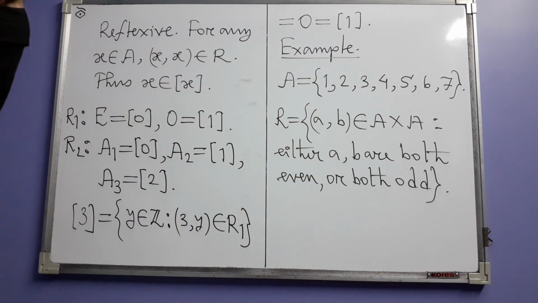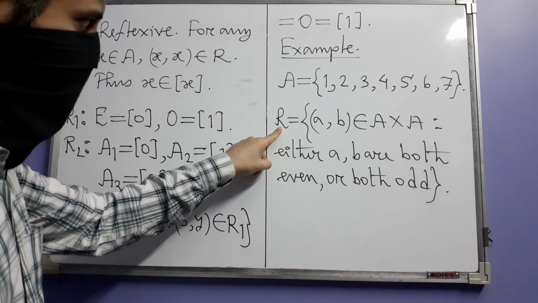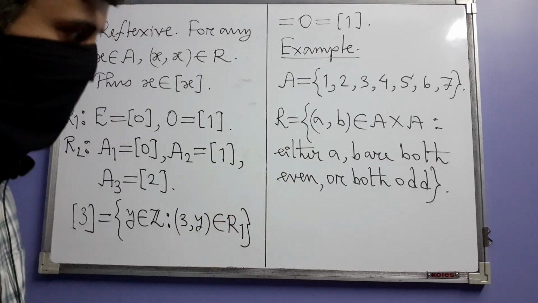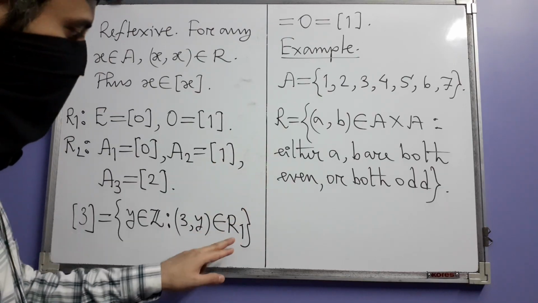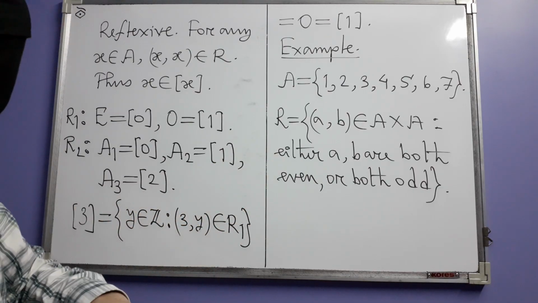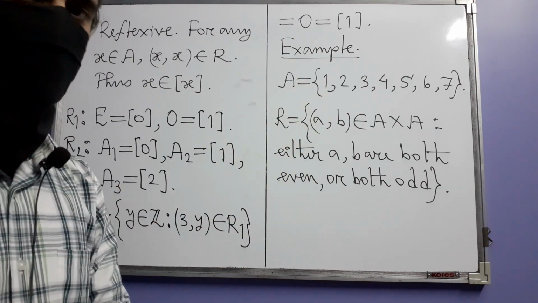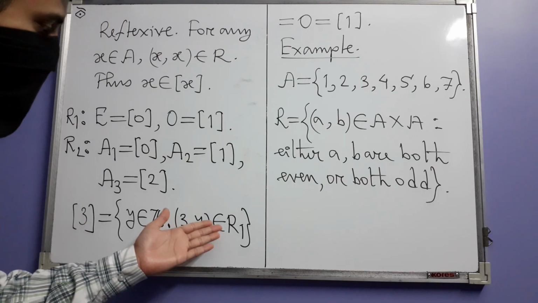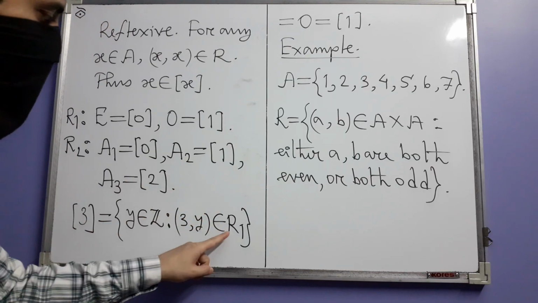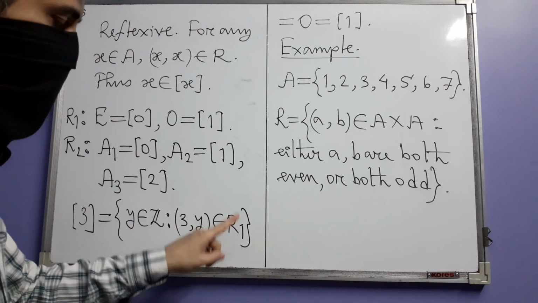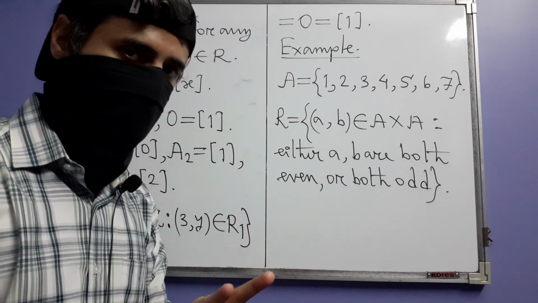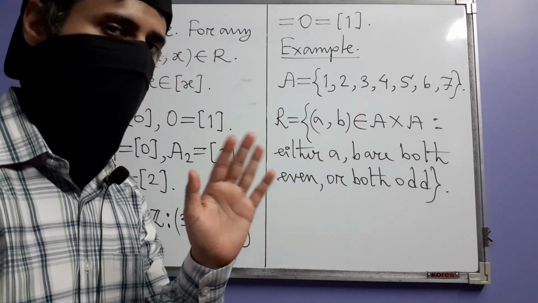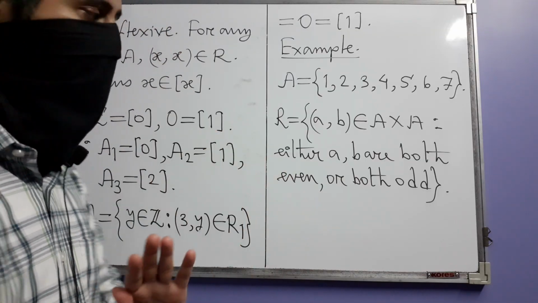Do you see that this R is actually nothing but this R1? The only difference is that R1 is defined on the entire set of integers, R is defined only on this set. Why? Because we ultimately came to know that R1 relates even integers to even integers and odd integers to odd integers, but does not relate any even integer to any odd integer.